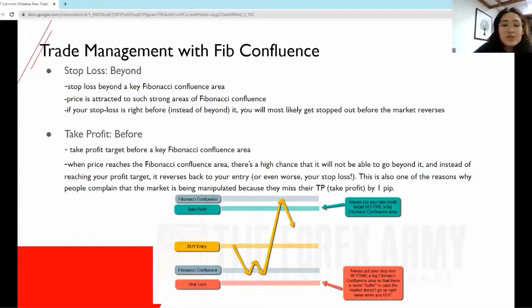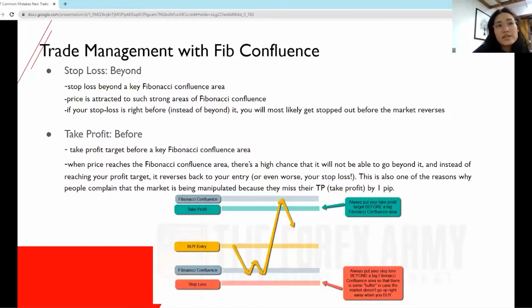The reason for this is because more often than not, price is attracted to such strong areas of confluence, and if your stop loss is right before instead of beyond it, you will most likely get stopped out before the market reverses. So this is one of the reasons why most people wonder why they got stopped out right when the market starts to reverse.